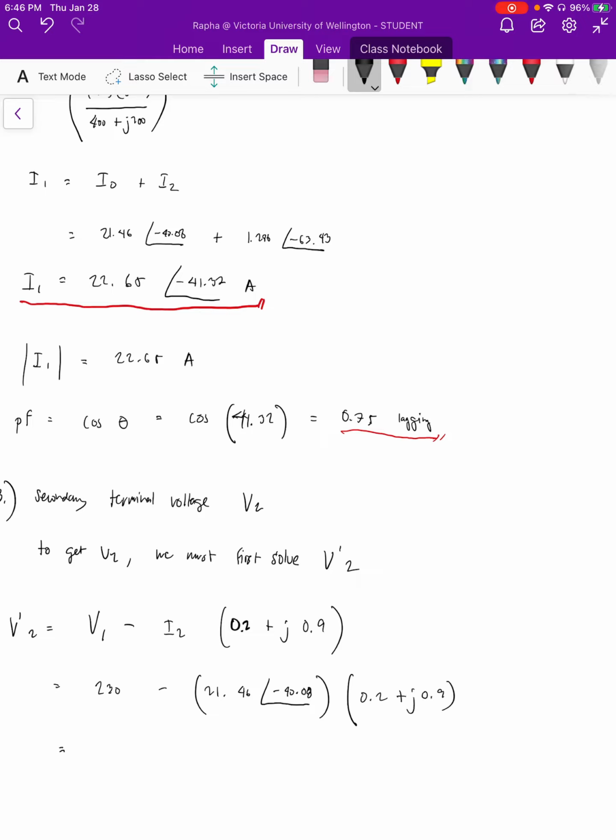So that's equal to 214.62 angle negative 3.21 volts.